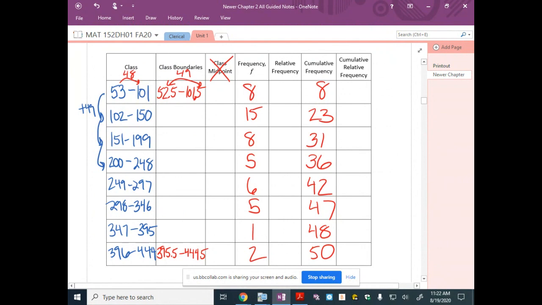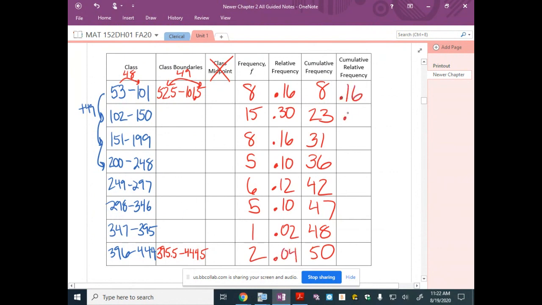And then you would enter the relative frequencies by dividing by 50: 0.16, 0.30, 0.16, 0.10, 0.12, 0.10, 0.02, and 0.04.